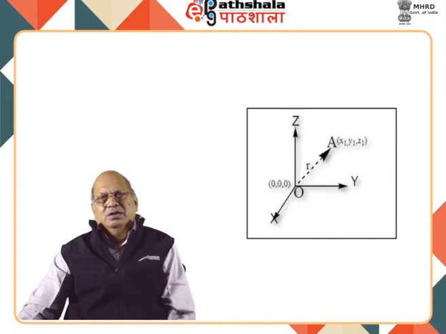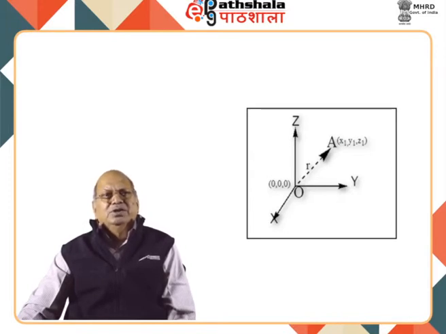Consider the vector r, whose base lies at the origin 0, 0, 0 of the Cartesian coordinate system, and whose arrowhead is at the general point A, that is x1, y1, z1. Since the base of the vector is at the origin and is not changed by any of the symmetry operations, only the head of the arrow will be considered.